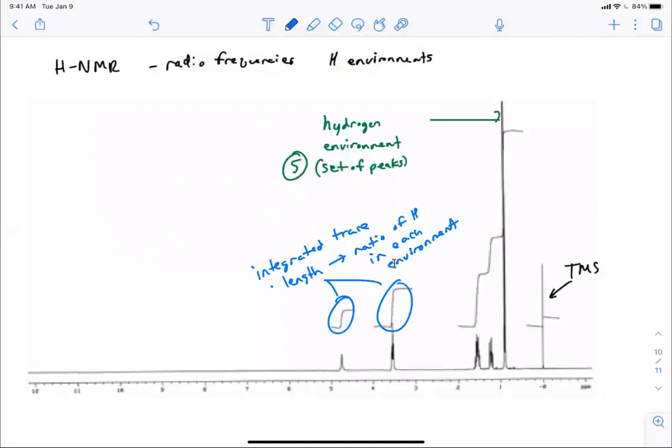It's usually a pretty straightforward number. So you would need a ruler to measure those traces. The integrated trace is the area underneath the curve that tells you how many hydrogens relatively are present in there.